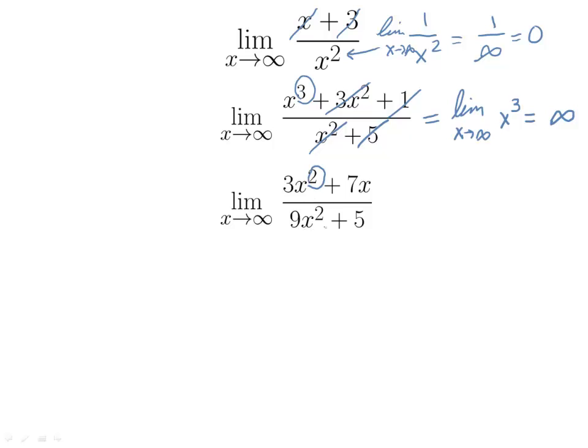There's two of them, and everything else will cancel out. So we're left with the limit as x approaches infinity of 3x squared over 9x squared. But notice the x squared cancels out, and you're left with 3 over 9, which is then equal to 1/3.